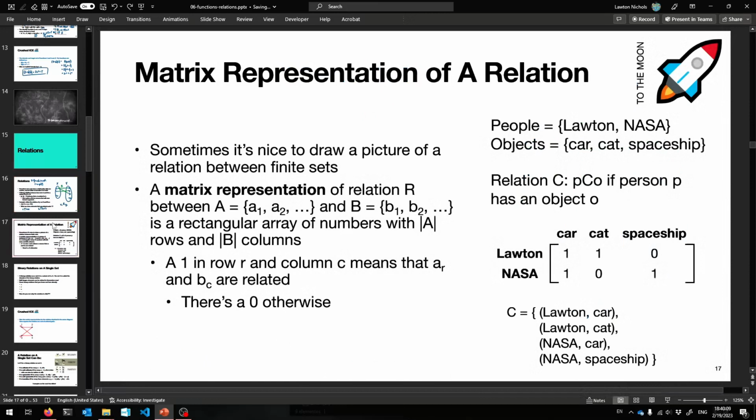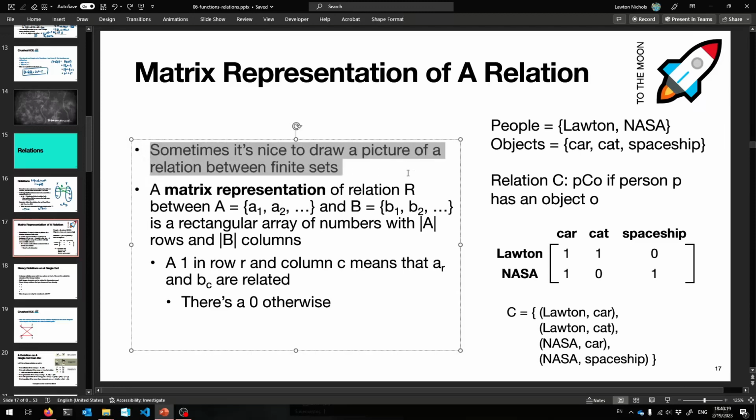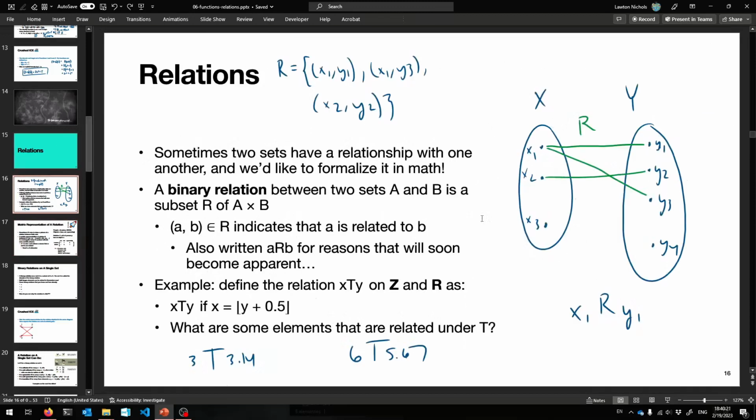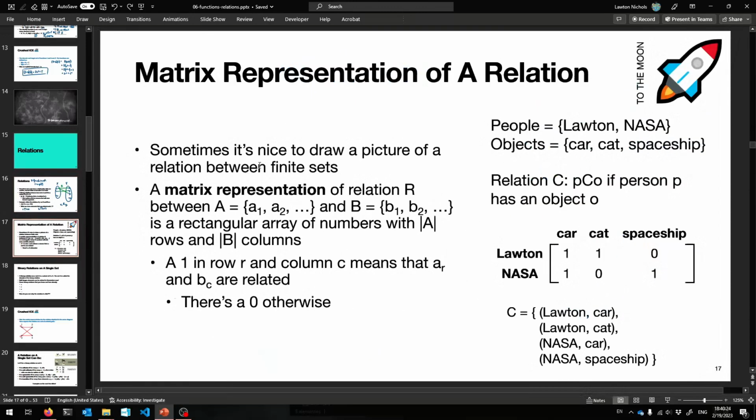Okay, so hopefully that's making a little bit of sense in your mind. It might be a little bit fuzzy still, that's okay. But let's keep trucking, see if it makes more sense with more examples. So pictures are nice. You can draw a lot of pictures with relations, just like I drew these lines. But you can also represent relations as matrices.